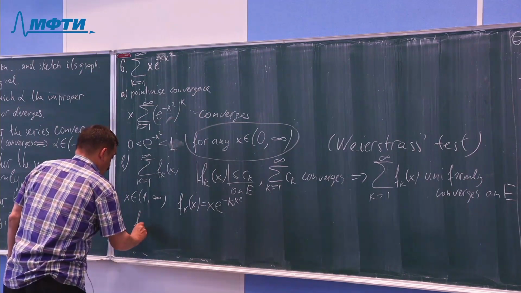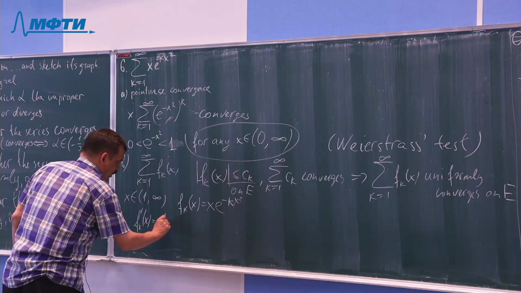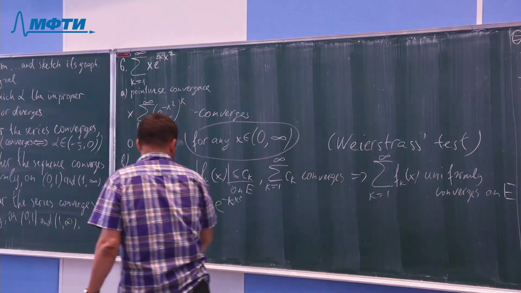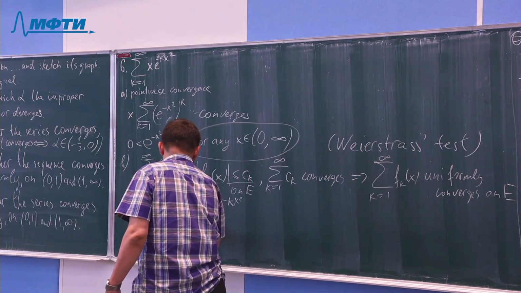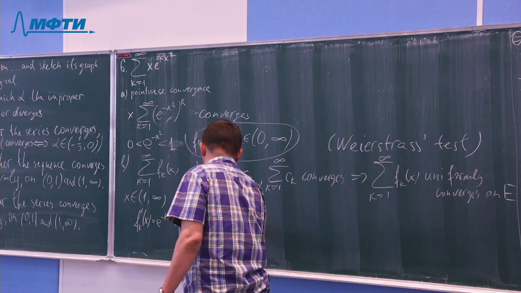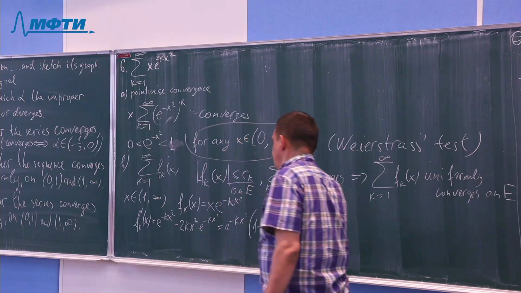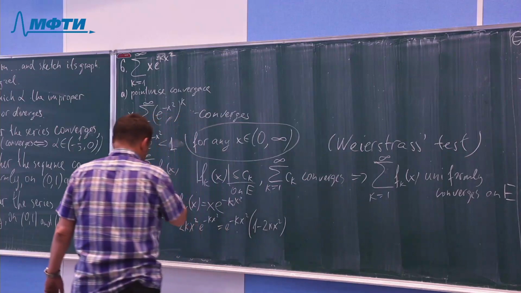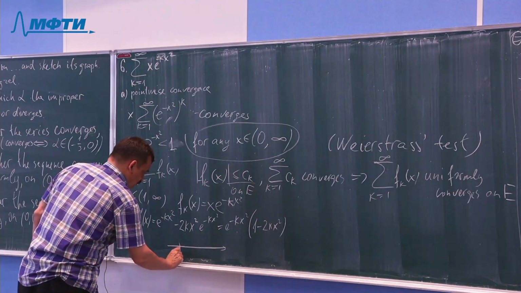So I compute the derivative. The derivative is e to the power minus kx squared minus 2kx squared e to the power minus kx squared. That is e to the power minus kx squared times (1 minus 2kx squared). And we know about the derivative now. What happens with our function from 1 up to infinity?